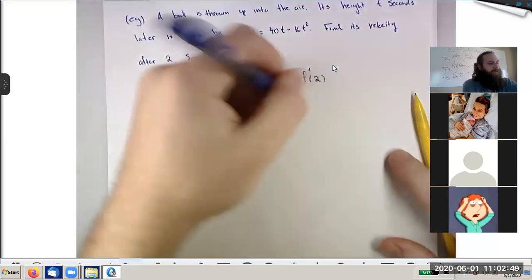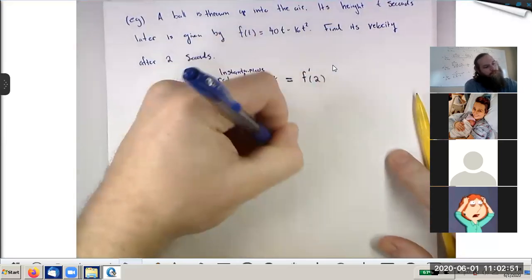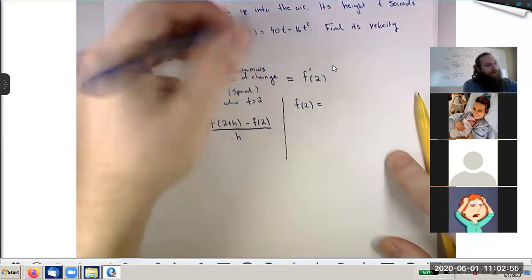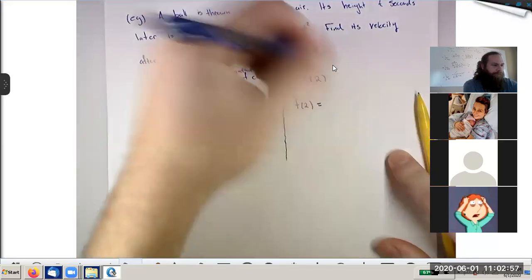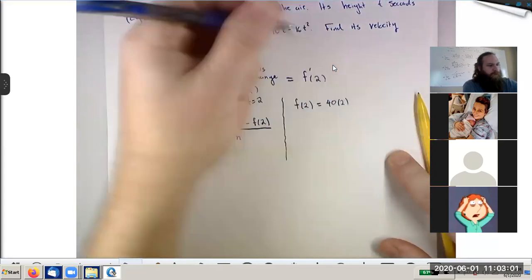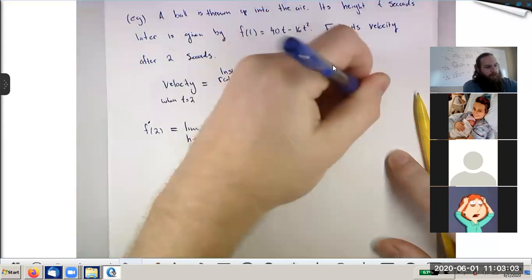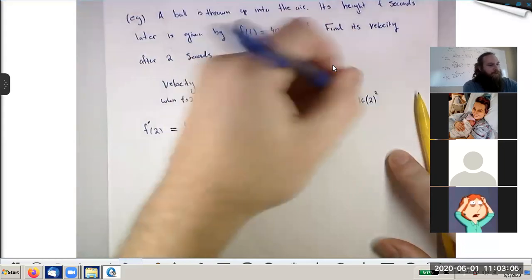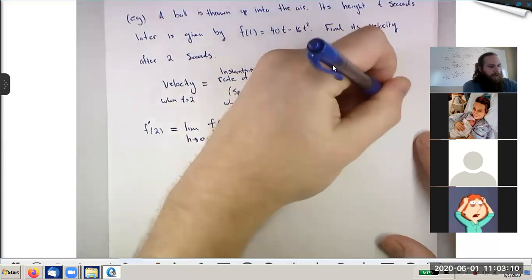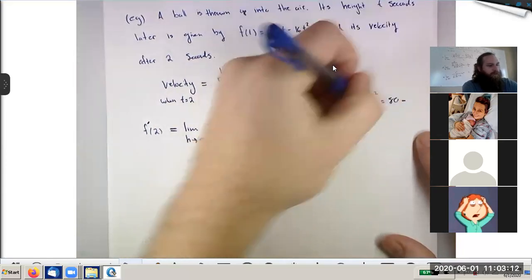So maybe I'll come off to the side here for a second. f of 2 is what I get when I plug in 2 for t. That's 40 times 2 minus 16 times 2 squared. That's 80 minus 64.